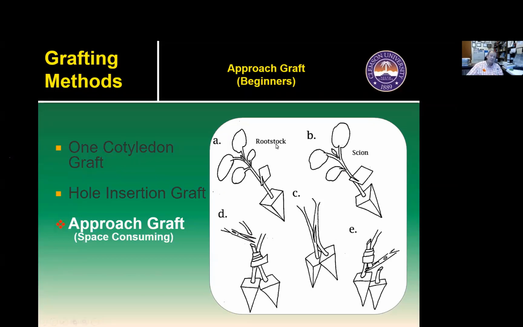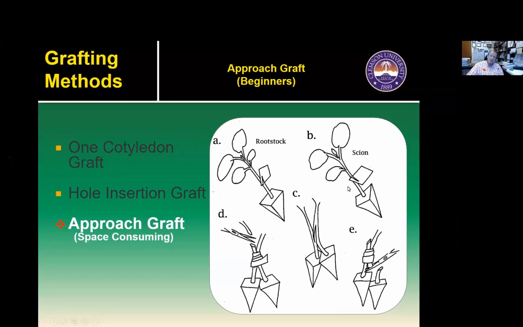But here you have your rootstock material. You're going to make a cut below the cotyledon leaves, not all the way through. You're going to make a 30-degree cut at an angle. Then with your scion material, you're going to have an upward cut.